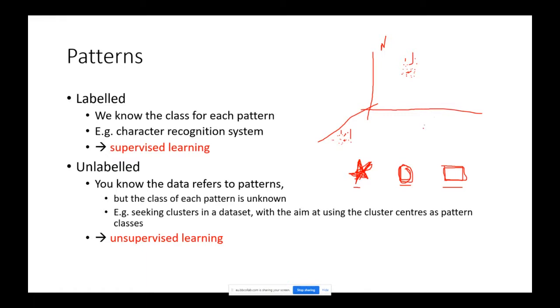And for instance, squares could be in another portion of this space. So what your classification system is going to do, since these data points are not labeled, is first find the cluster centers.